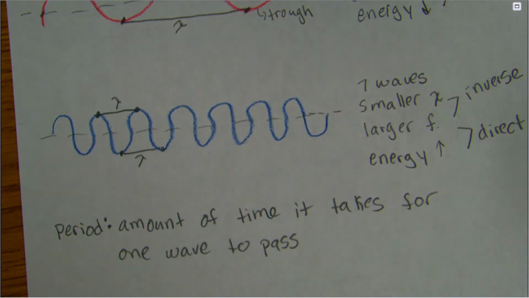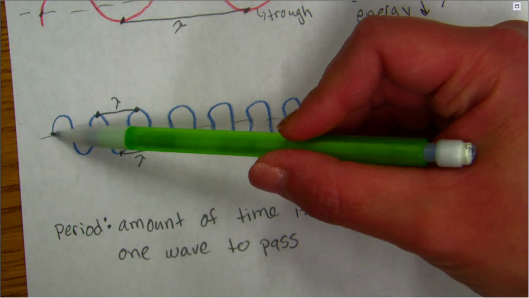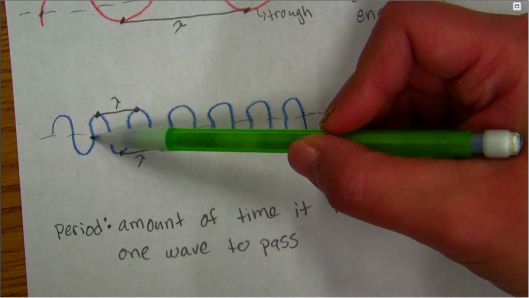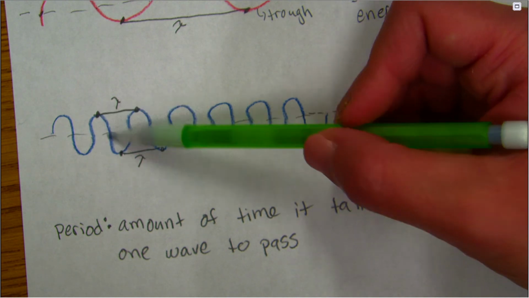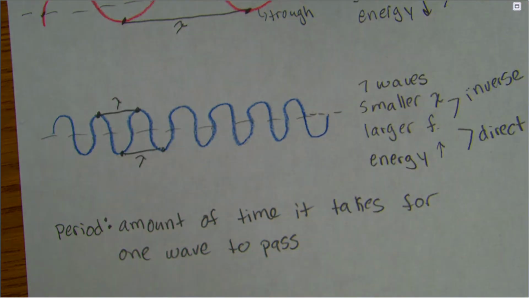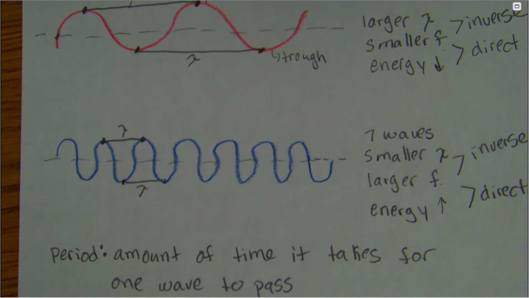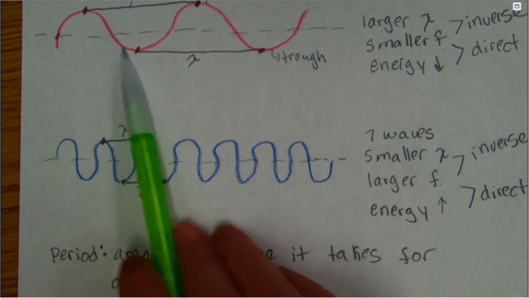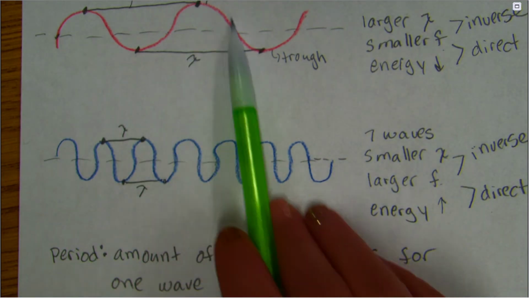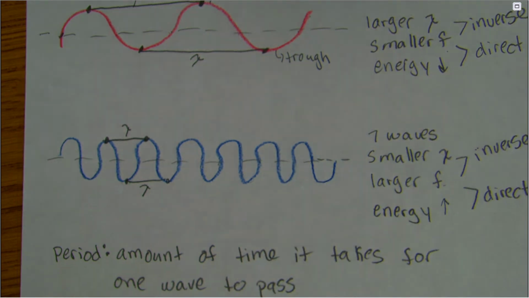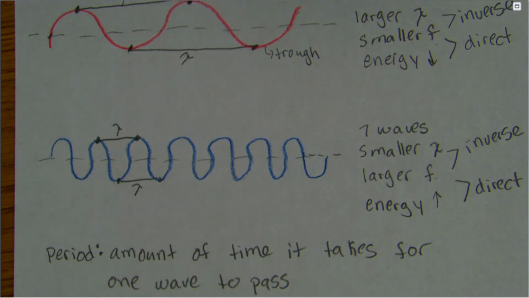So how long does it take for this first blue wave to pass, and then the second blue wave? Or if we were to look at it in terms of the red waves, the first red wave and then the second red wave. All right, so period is our amount of time.